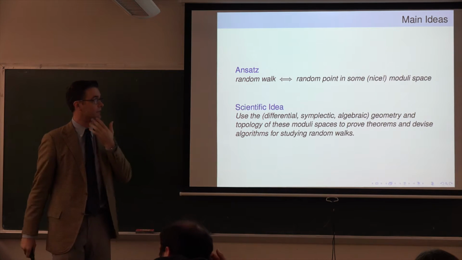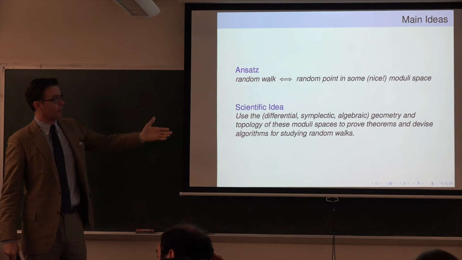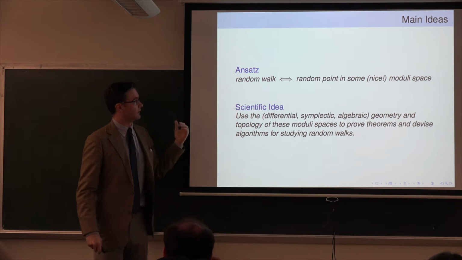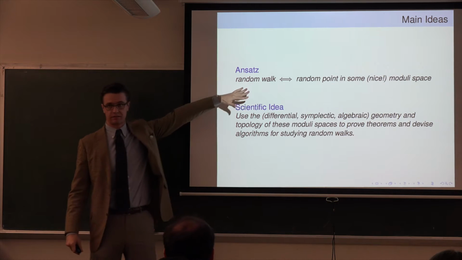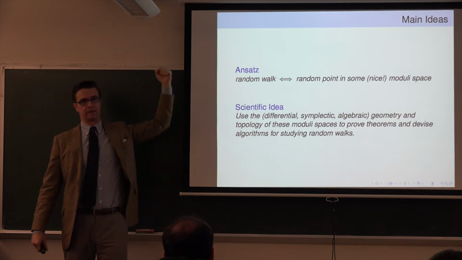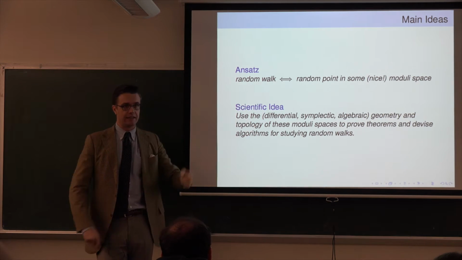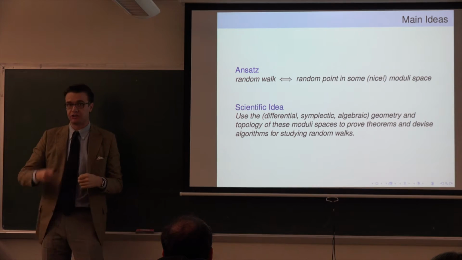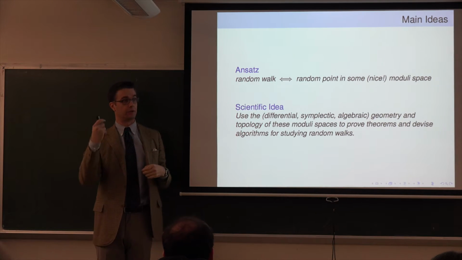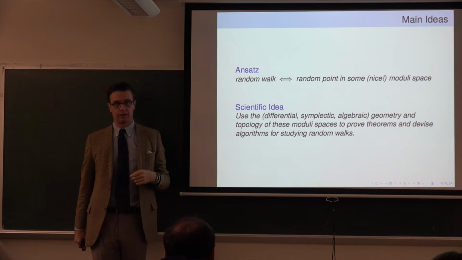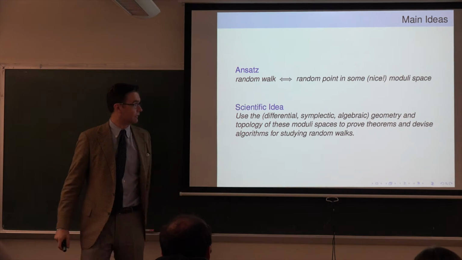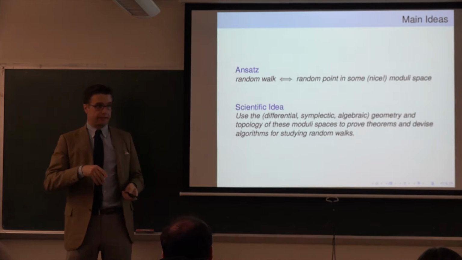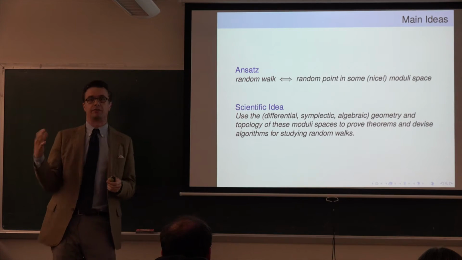My claim is that a really nice way to understand random walks and make progress in new directions is to think of random walks as points in moduli spaces, and then to do geometry and topology on those moduli spaces to help you understand random walks. The other big idea, maybe not written up here, is that ideally your moduli space should have lots of symmetry.